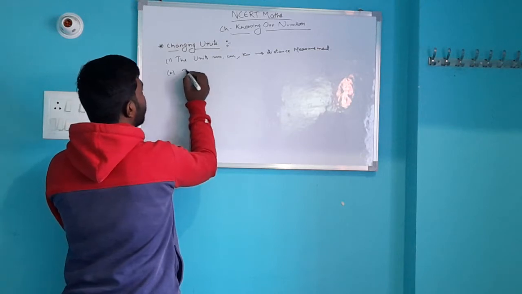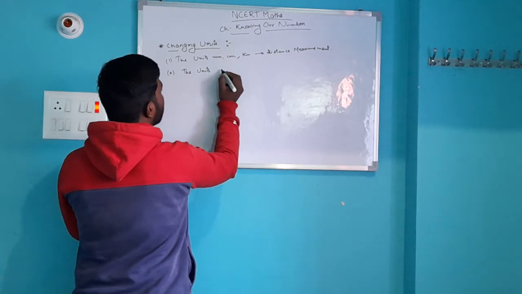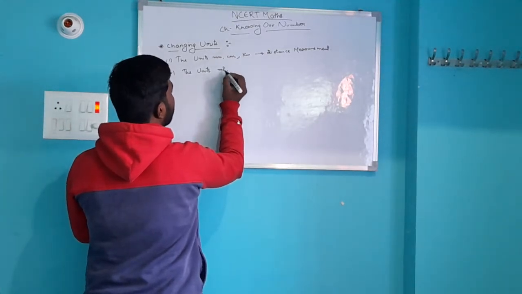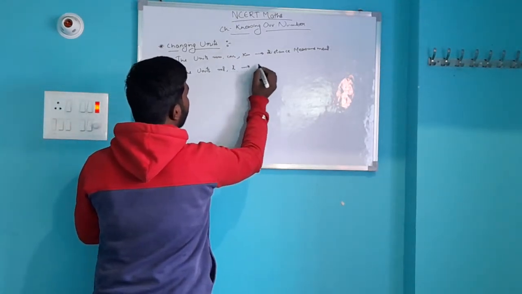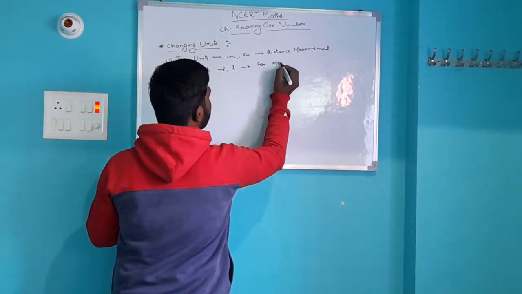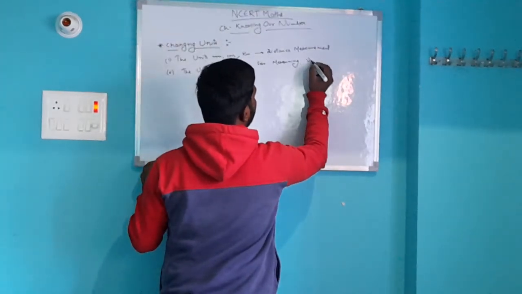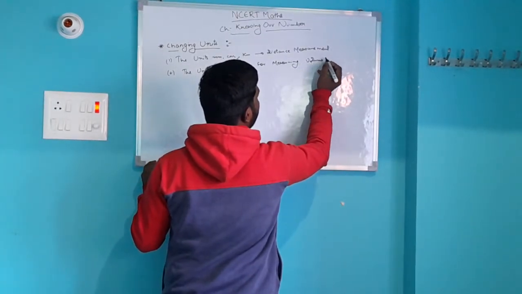The second one is the units like milliliter and liter, which are for measuring volume quantities.